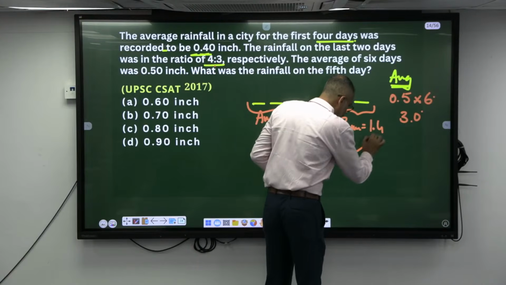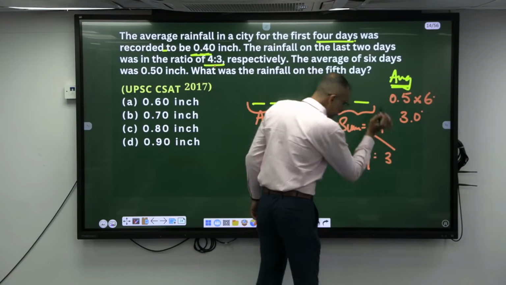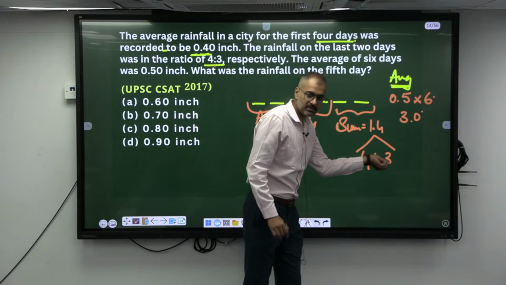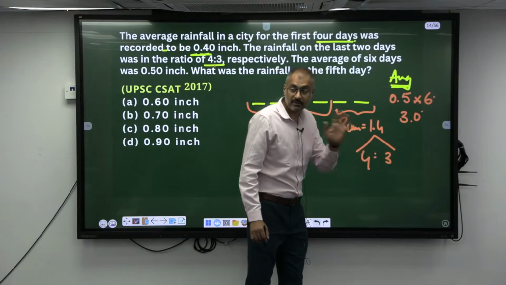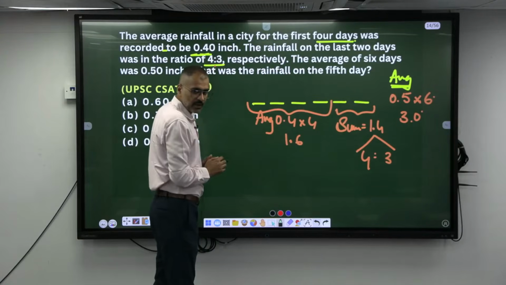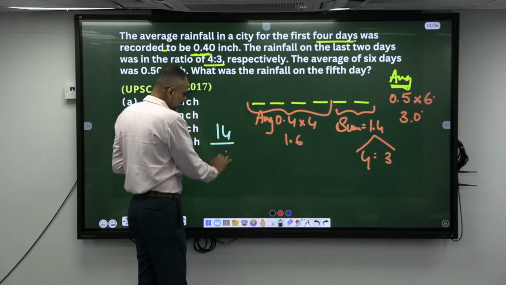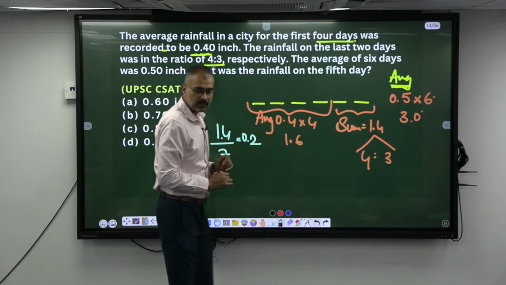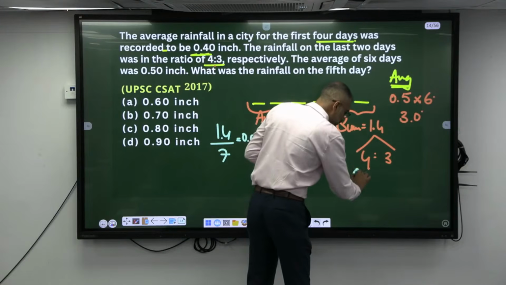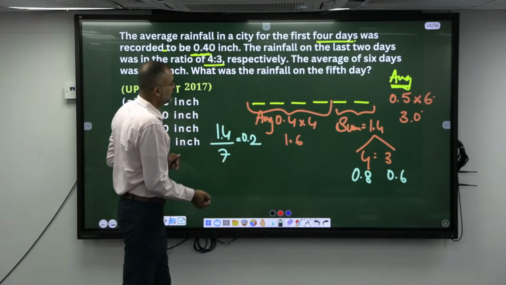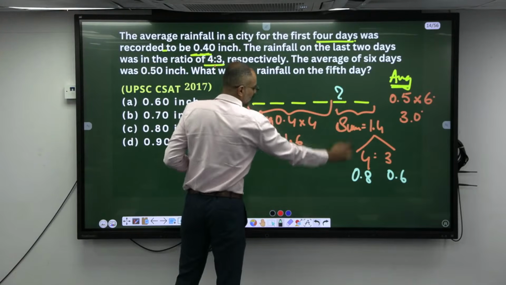But this 1.4 is in the ratio 4:3. 4 parts and 3 parts, or 4x and 3x is 7 parts. If I divide 1.4 into 7 parts, 1 part is how much? 1.4 divided by 7 is 0.2. 0.2 means 4 parts has to be 0.8, and this has to be 0.6. So on the 5th day, this is the 5th day, it is 0.8.